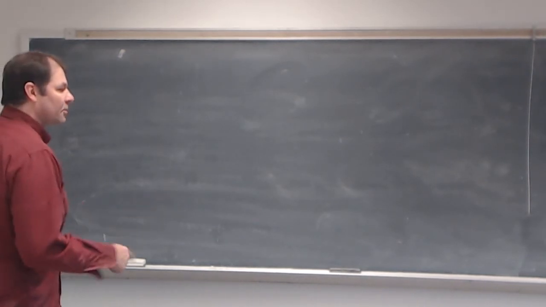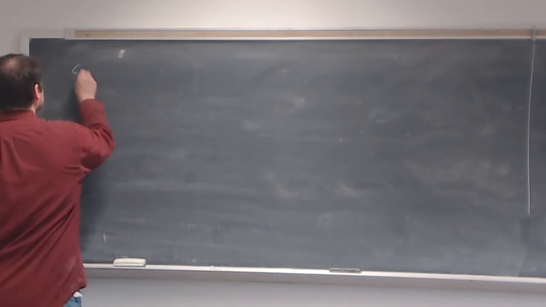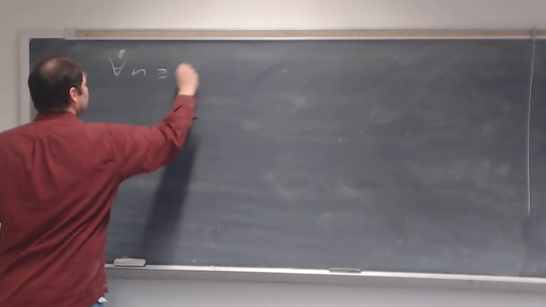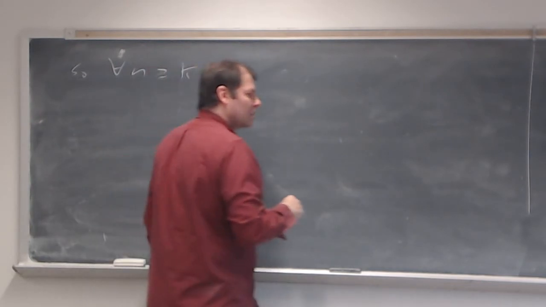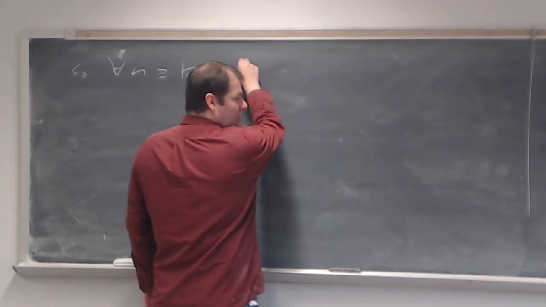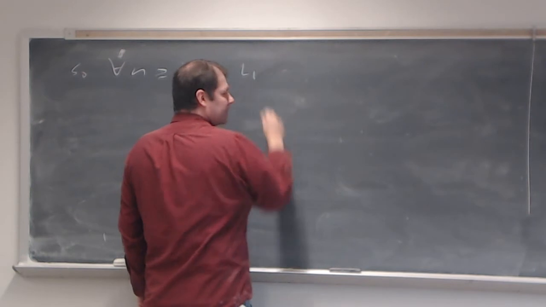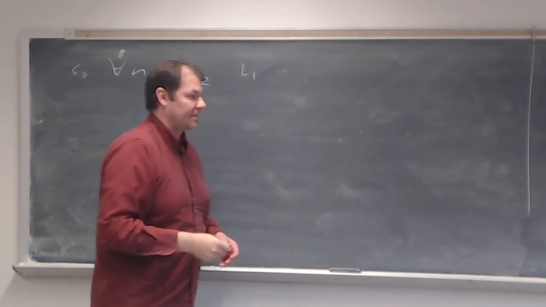So here, based on what I said for L sub 2, we solve for x sub n for all n greater than or equal to k sub 2. Remember, I'm going to solve for x sub n, so I'm going to add L sub 2 to both sides. Now remember, when you add, you got to get a common denominator.